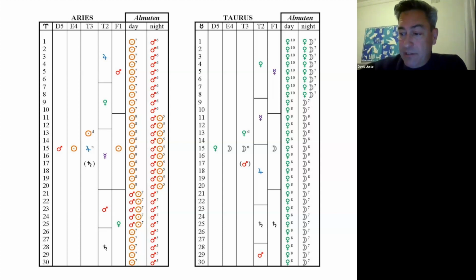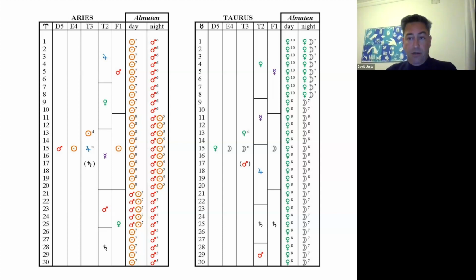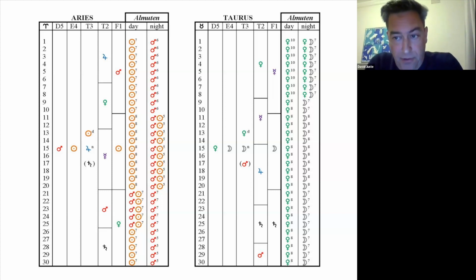So this handout actually gives you the essential dignities for each of the 30 degrees of each sign of the zodiac. So here I have on the screen the examples of the first two signs, Aries and Taurus. You have the 30 degrees on the left column, and then you have D5, E4 up to F1.